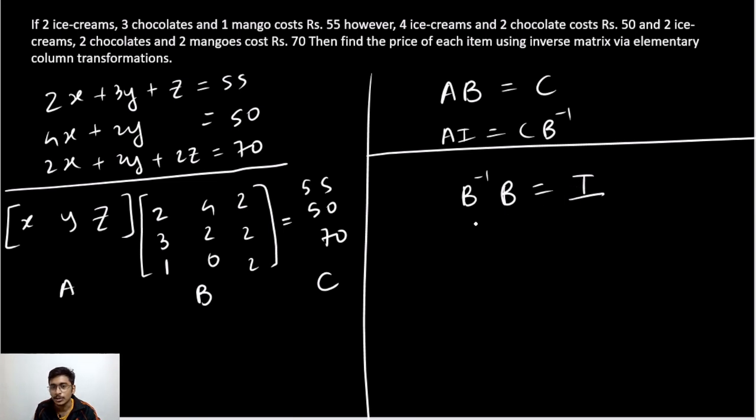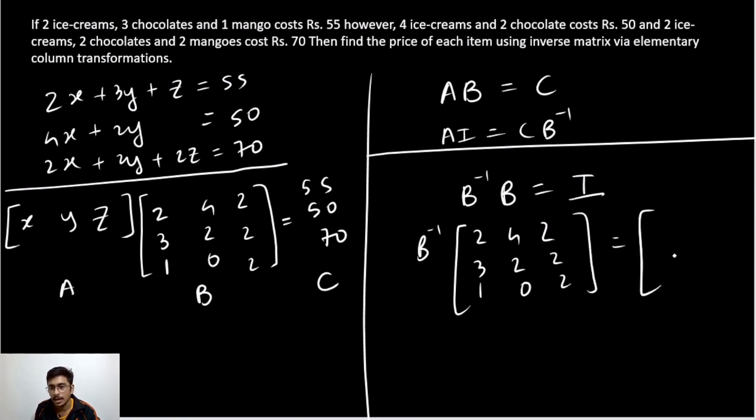B is 2, 3, 1, 4, 2, 0, 2, 2, 2, and I is 1, 0, 0, 0, 1, 0, 0, 0, 1. Okay. So what can be our first column transformation?